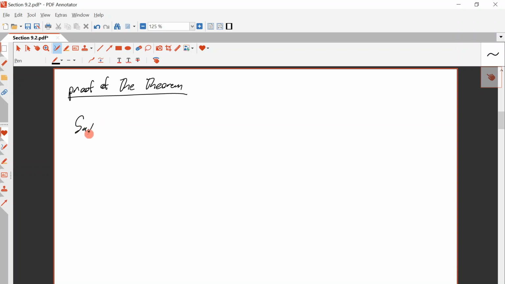Say that the order of G is p1 to the e1, p2 to the e2, times pm to the em, where p1, p2, all the way up to pm are distinct primes.